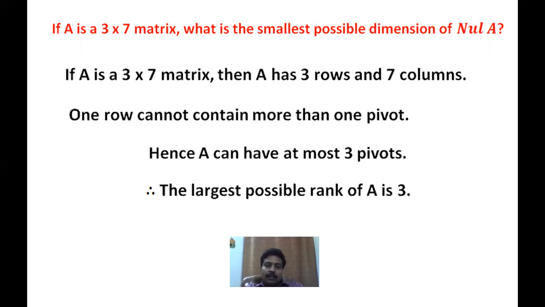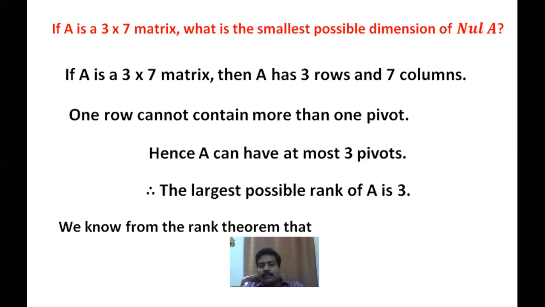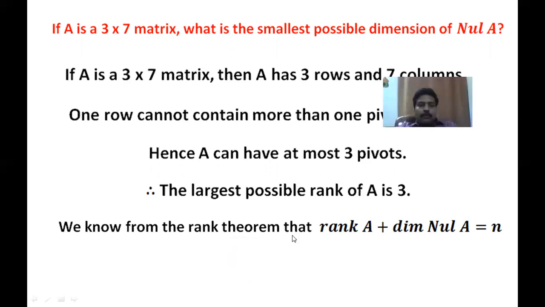Though there are 7 columns, since the largest possible rank is 3, that means it may be 2 or 1 also. And we know from the rank theorem that rank A plus dimension of null A is n.